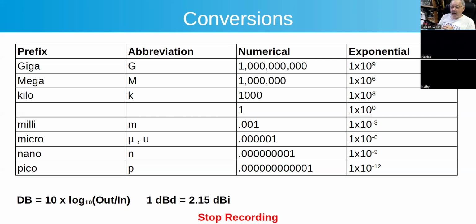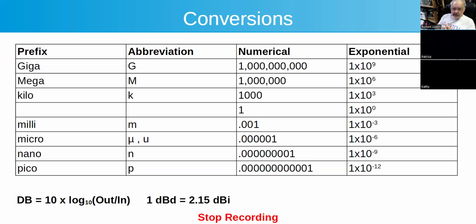Kilo means 1,000 of something, or 10 to the third. Mega is 10 to the sixth, and giga is 10 to the ninth. A milli, like in a millimeter, would be 1,000th of a meter. A micro, or a micrometer, would be 1,000,000th of a meter.